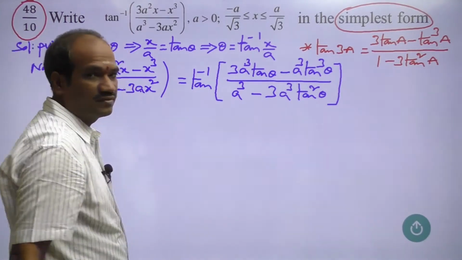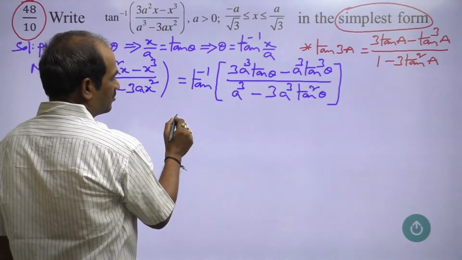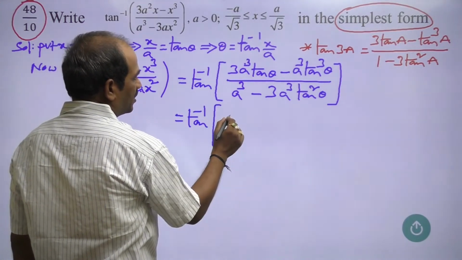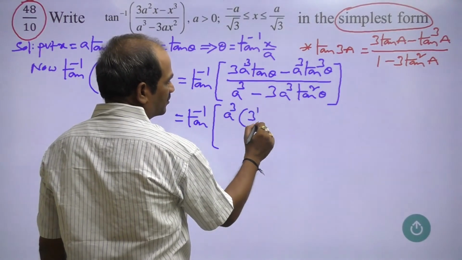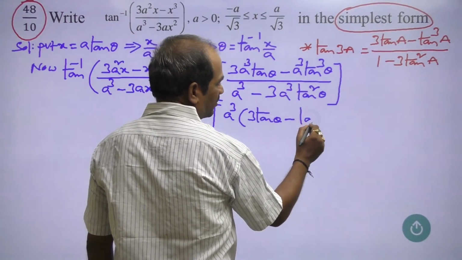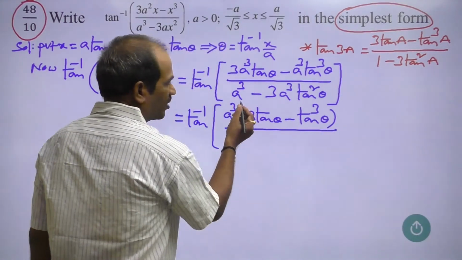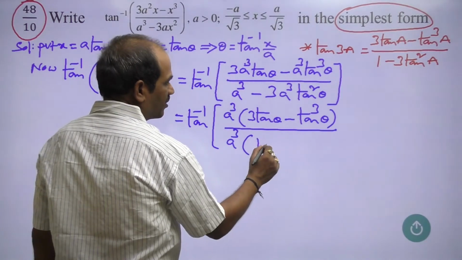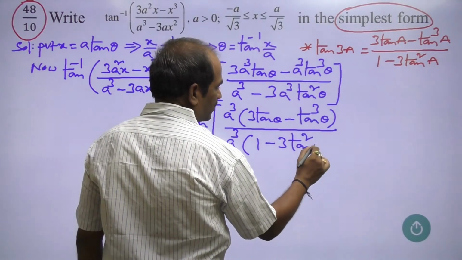So a cube is common in the numerator and the denominator. That is tan inverse of (a cube times (3 tan theta minus tan cube theta)) by (a cube times (1 minus 3 tan square theta)).